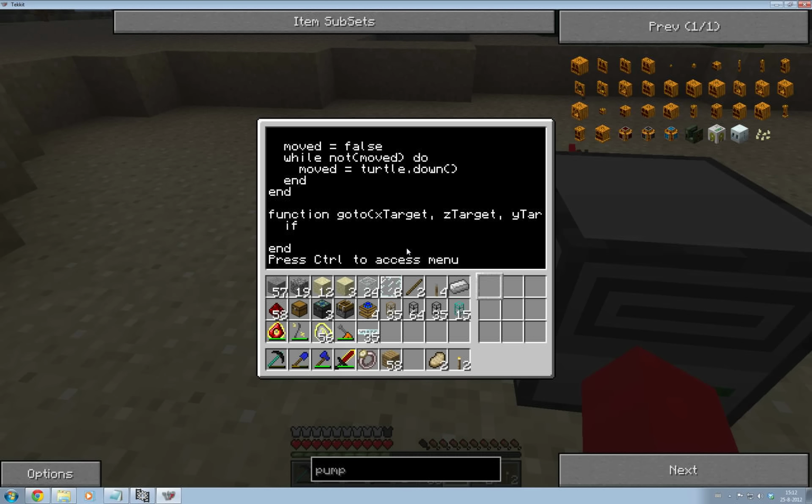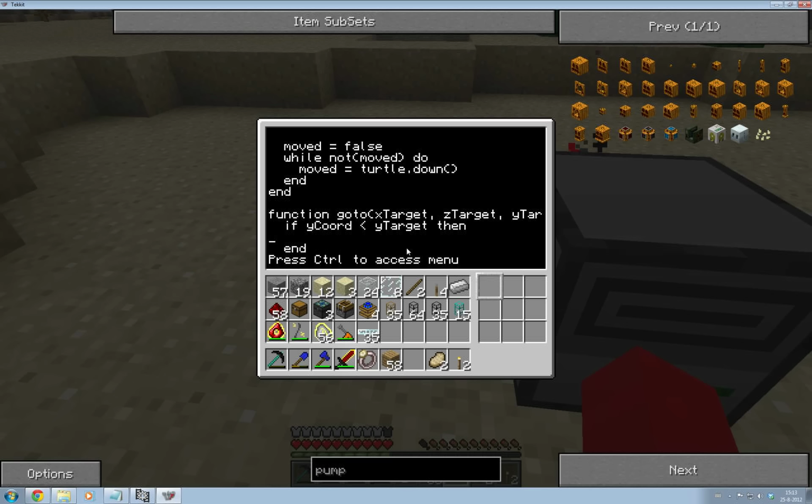So what we're going to do is create an if statement. If y coord, so that's our current y coordinate, is smaller than y target, then this means that our current y coordinate is lower than where we need to be, so that means we have to go up.